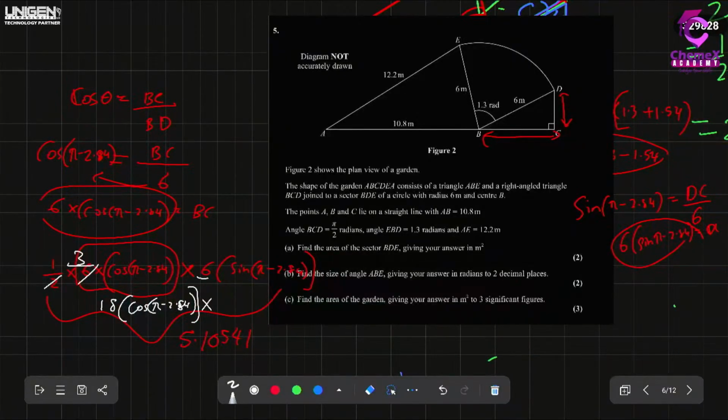Get this entire answer and multiply it by 18 and again by sine pi minus 2.84. What do you get? 5.1054 is what comes.